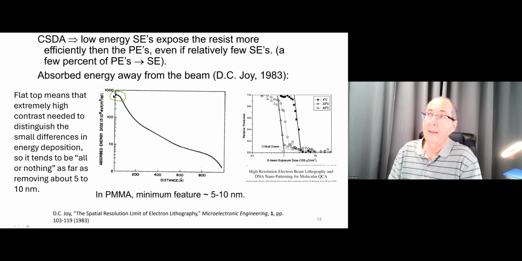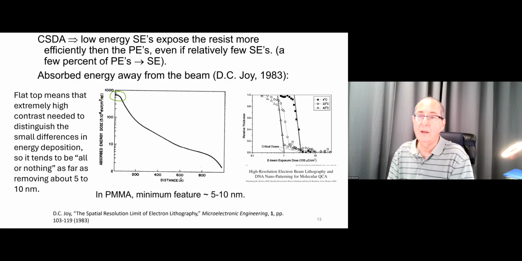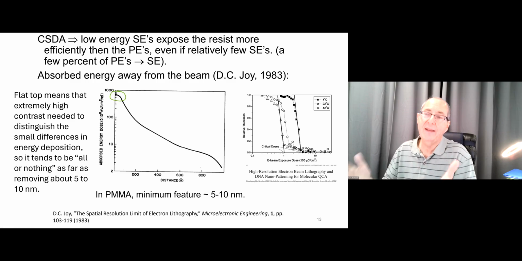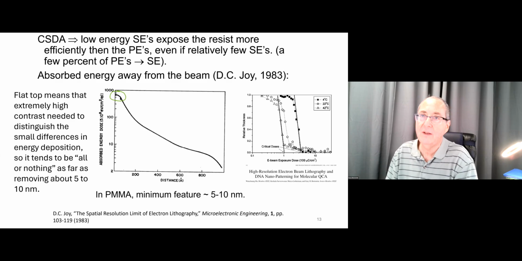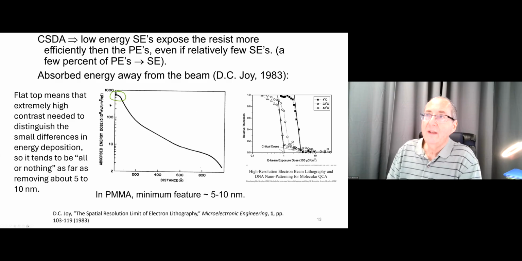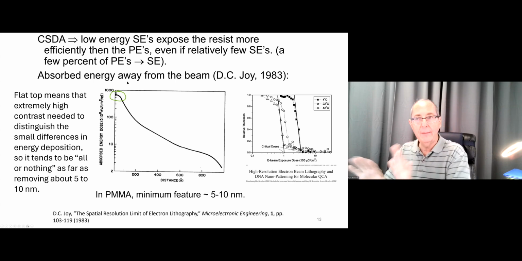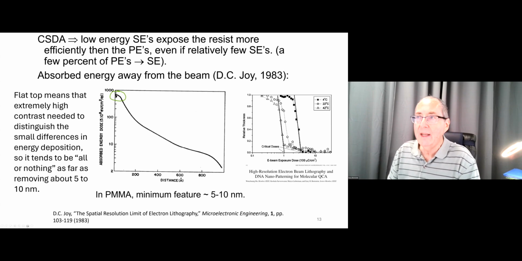So this assumes that the beam has 0 width. If your beam is 5 nanometers wide, you can just add 5 nanometers. Not exactly, but just go ahead and add 5 nanometers to this discussion. So what this says is, because it's the secondary electrons that actually do the exposure, and there are a lot of figures that I'm not showing you, those secondary electrons deposit kind of a constant amount of energy out to a distance that's about 5 nanometers away or 10 nanometers away.